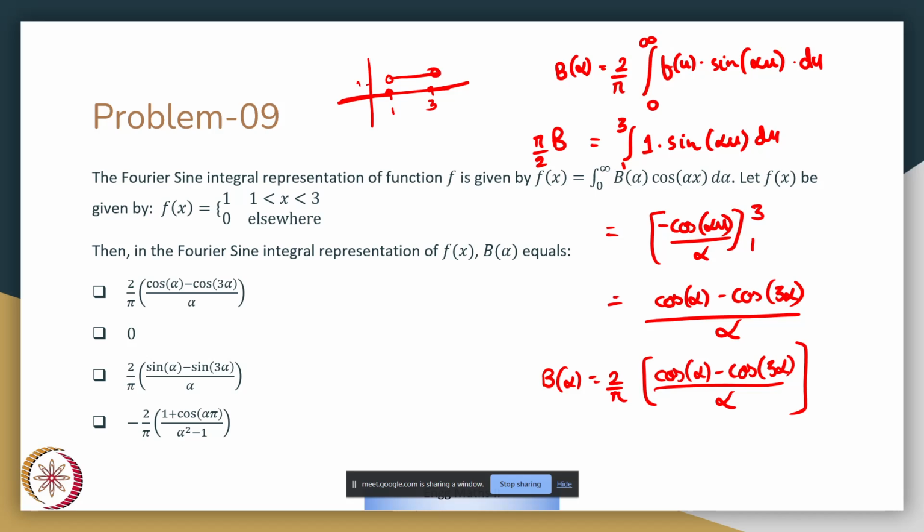So, a more straightforward example, about how we obtain the Fourier sine integral representation. Numerically, this was straightforward, but I hope this touches upon what has been taught for Fourier sine integral.